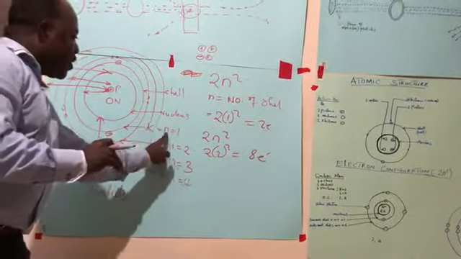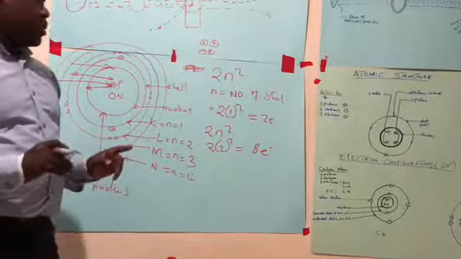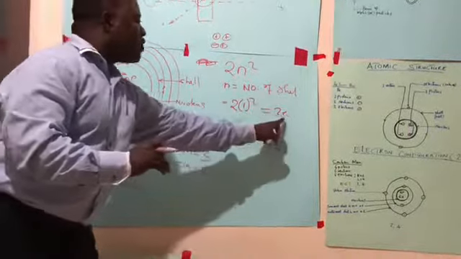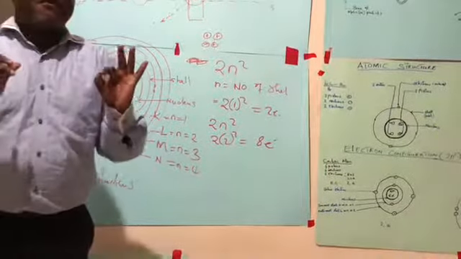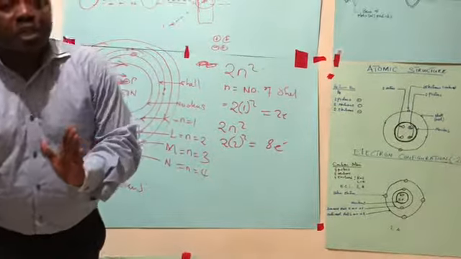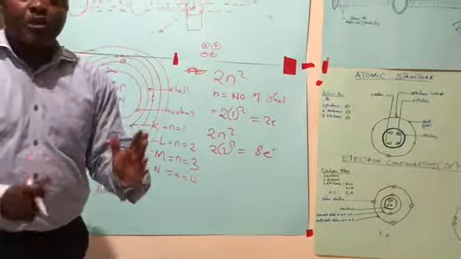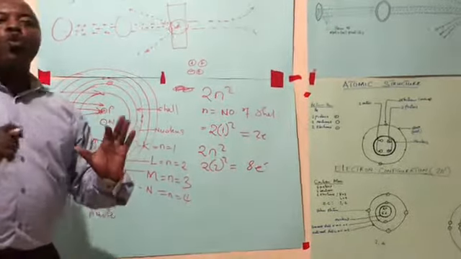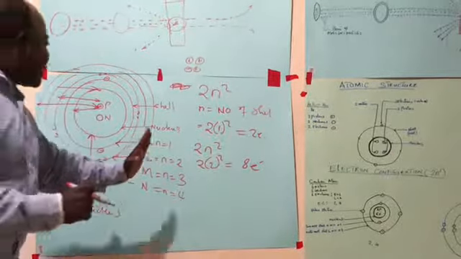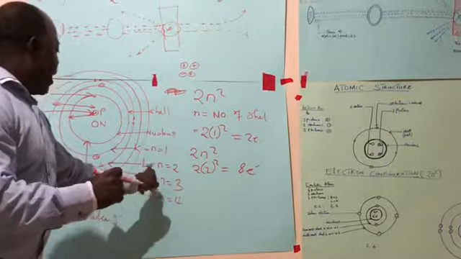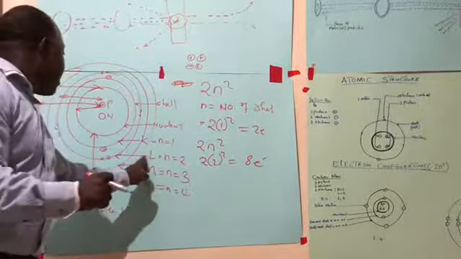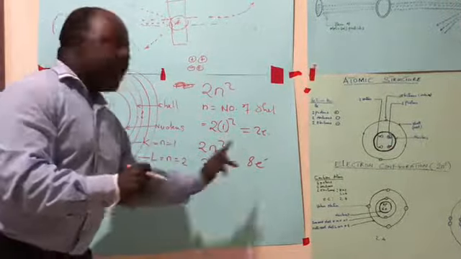The first shell, K, where n equals 1, will have only 2 electrons because it is 2 times 1 squared, which gives 2 electrons. That is the first shell, closest to the nucleus, and the force of attraction between these electrons and the nucleus is too strong. The second shell, L, where n equals 2, has 8.